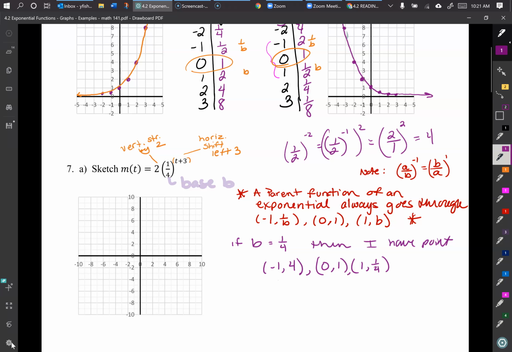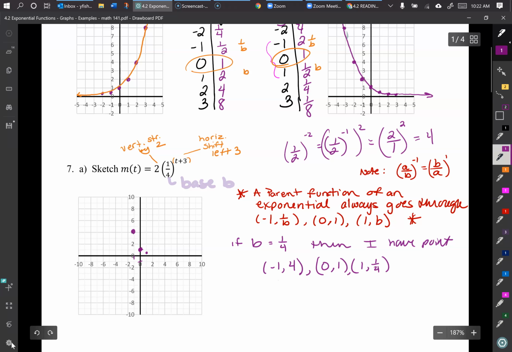So I'm going to put my parent function on here. I'll put that in the purple. So my scale is a little bit scrunched here because I have 2 units per block. You can kind of see maybe a little faded, the ones. So I have -1, and then 4, and then 0, 1, and then 1, and 1/4 would be down here.